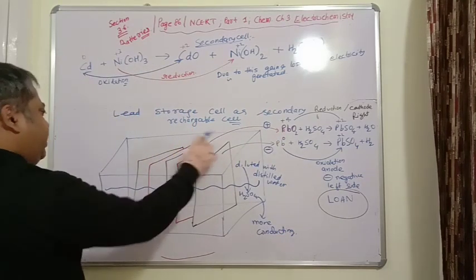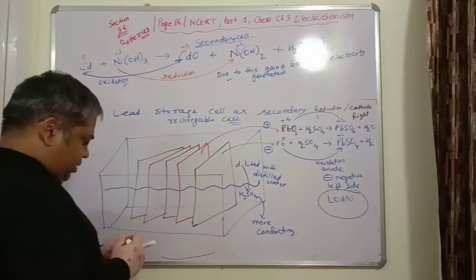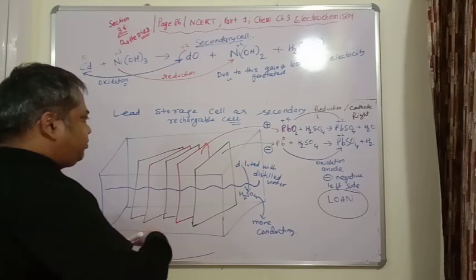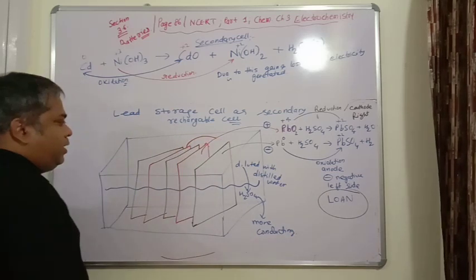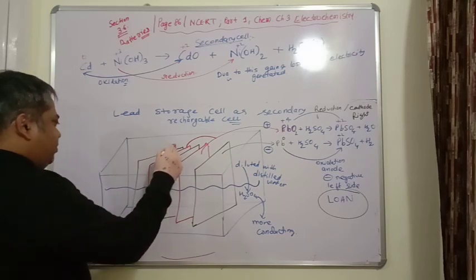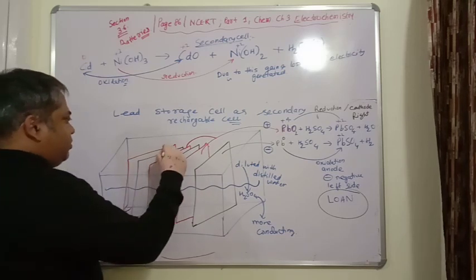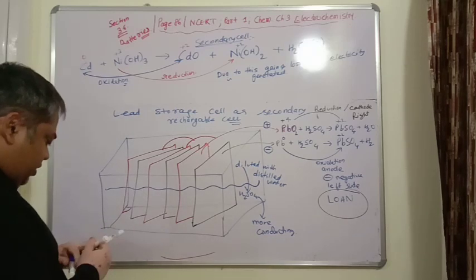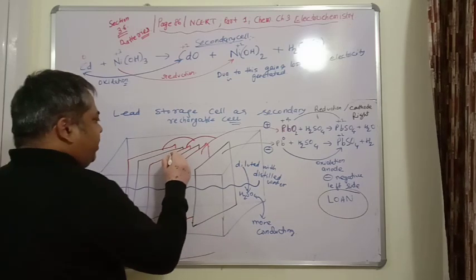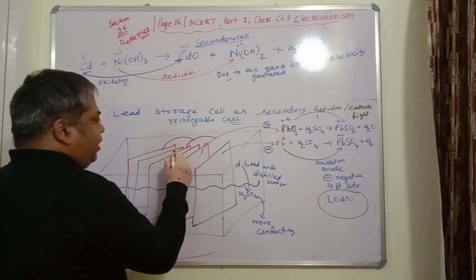Now these all are connected in series in such a way that all these red colored plates are connected together, and all these black colored plates, for your reference only, it is not red and black as such, are connected together.